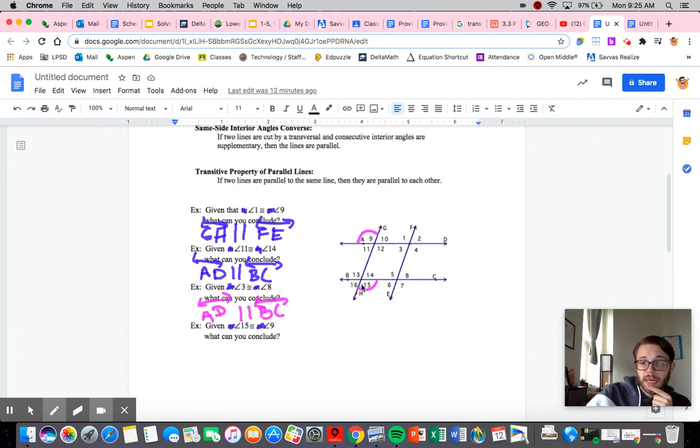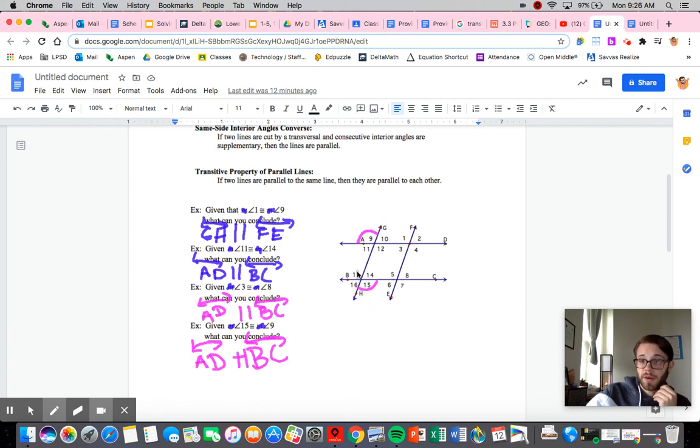So by the alternate exterior angles converse, we can say that line AD is parallel to line BC, and it is cut again by transversal GH.